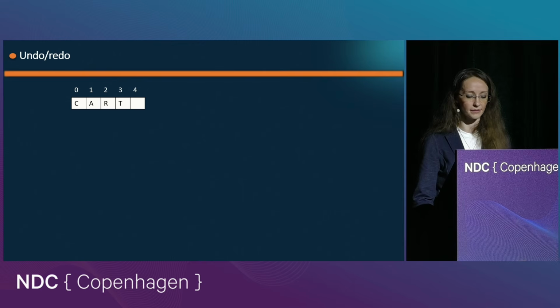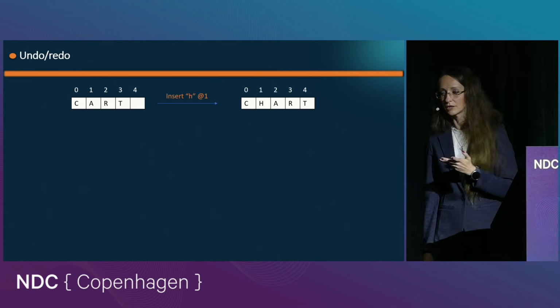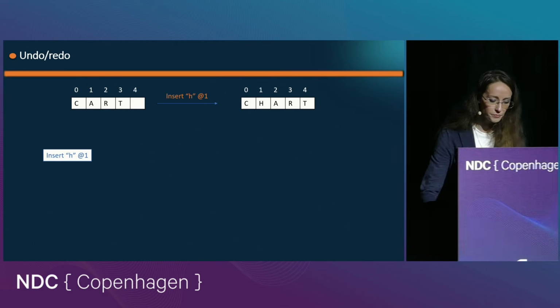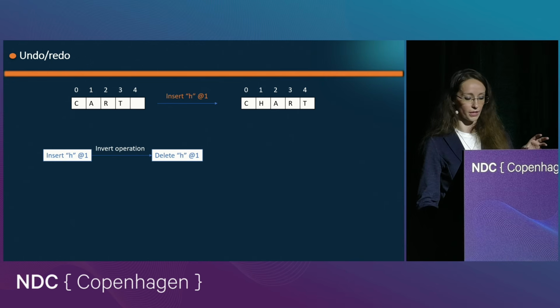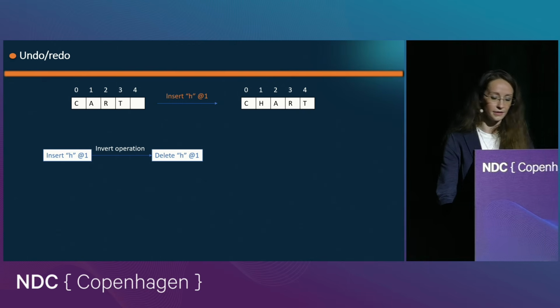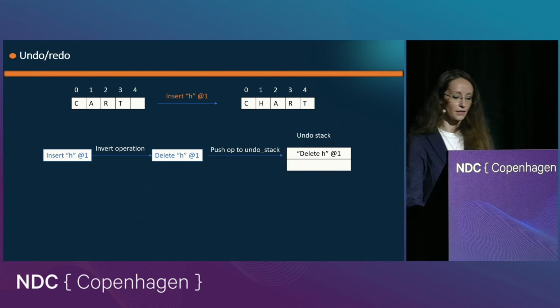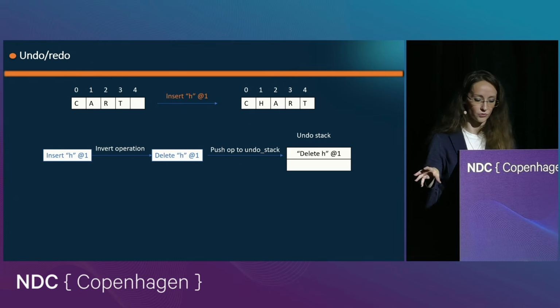Let's take that cart example again. Someone inserts the H on position 1 to end up with a chart, which means that that operation, insert H on position 1, is being reversed, so inverted, which results in delete H from position 1. It is pushed into our undo stack where we are keeping the information.